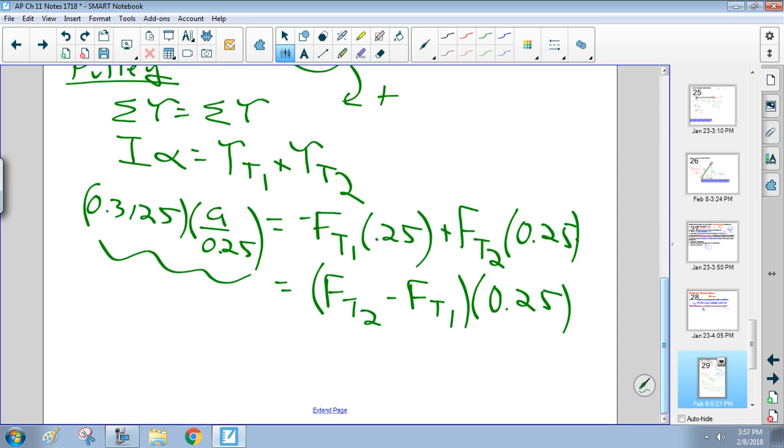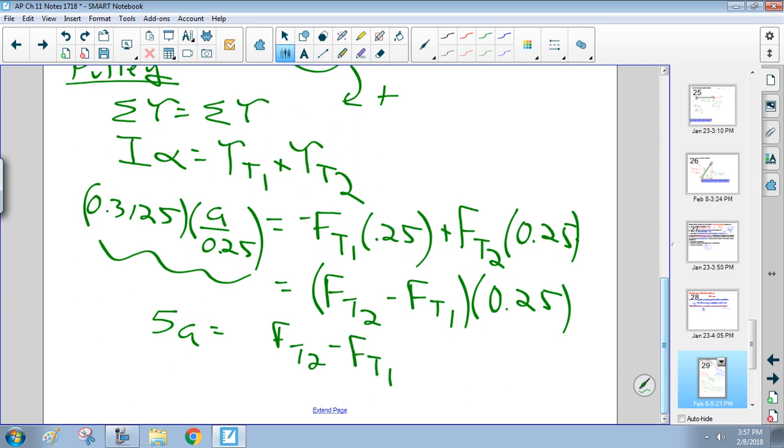And if you divide both sides by 0.25, then you end up getting, how do I want to write this? It turns out to be 5A equals force of tension 2 minus force of tension 1.